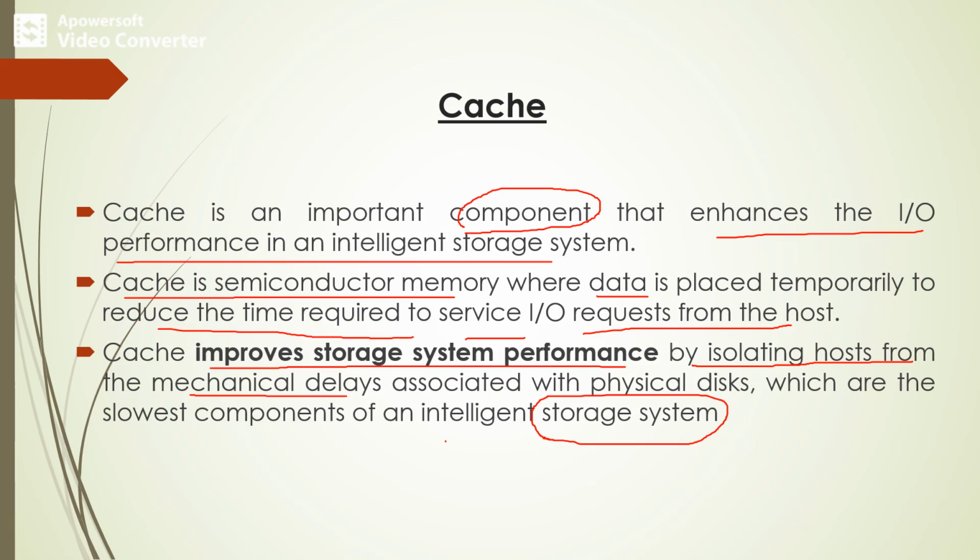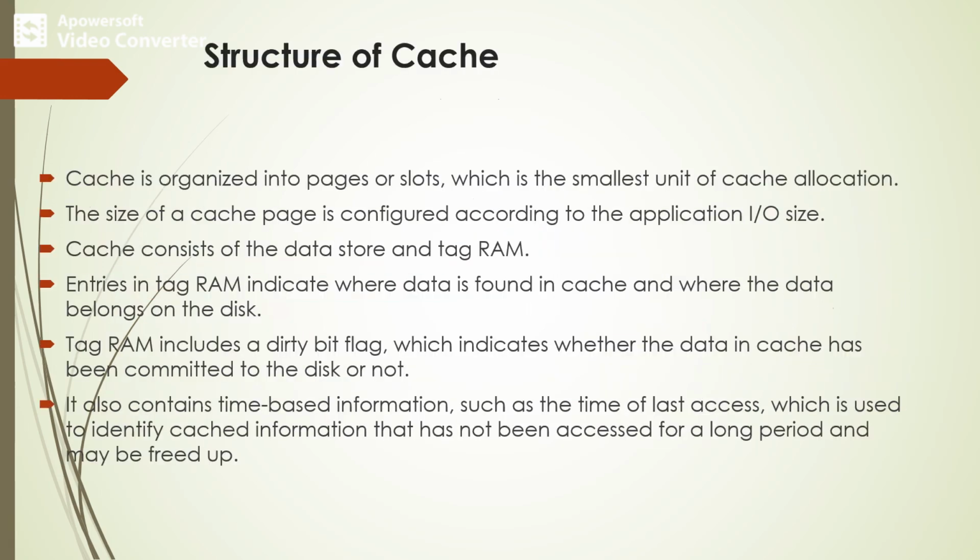Since the physical disk is large compared with the cache, it takes a longer amount of time to access information from it. To overcome that, we can make use of cache, so that it will improve the storage system performance.